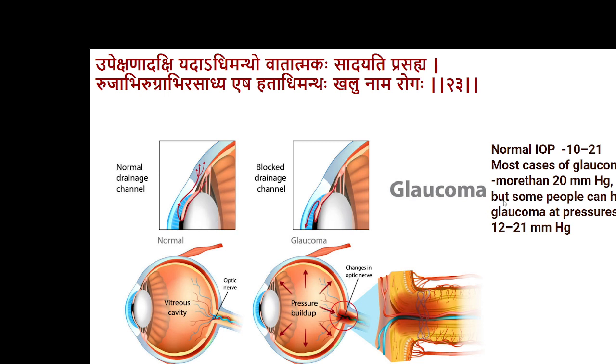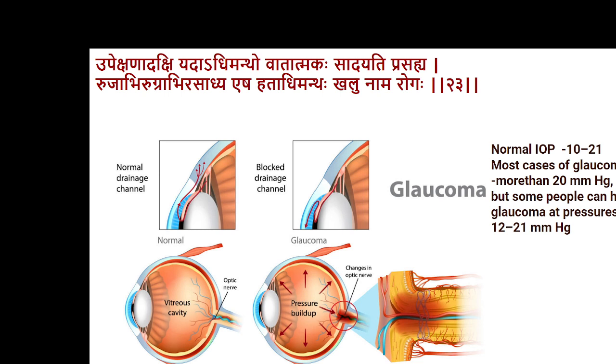Rarely you may have patients who have glaucoma complications even at the range of 12 to 21 millimeters of mercury. The pressure in the eyeball is measured by tonometer, or now you have more sophisticated instruments. With the tonometer you have to keep the instrument in close touch with the conjunctiva, which produces more irritation and the risk of transmission of sepsis.